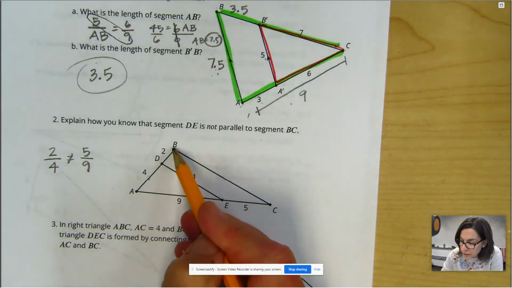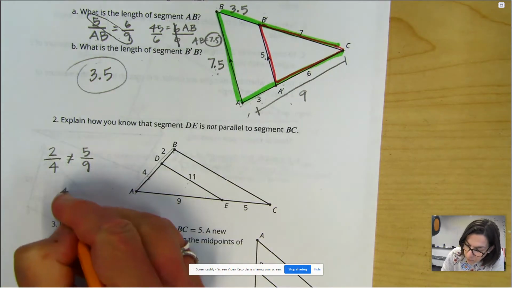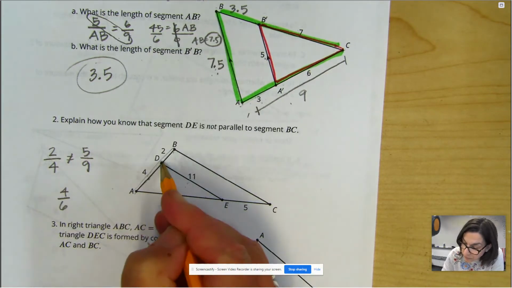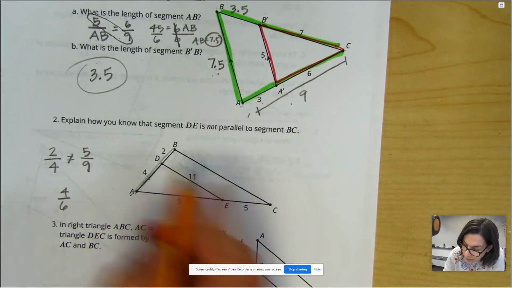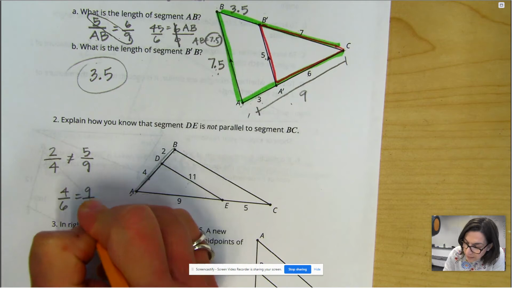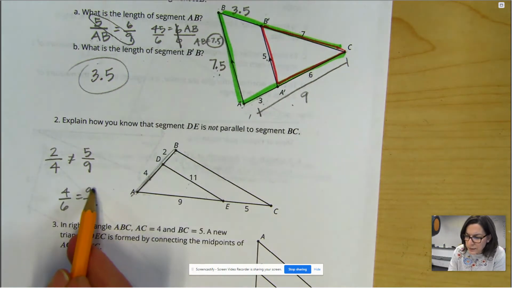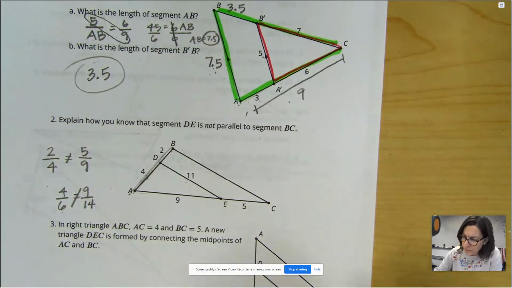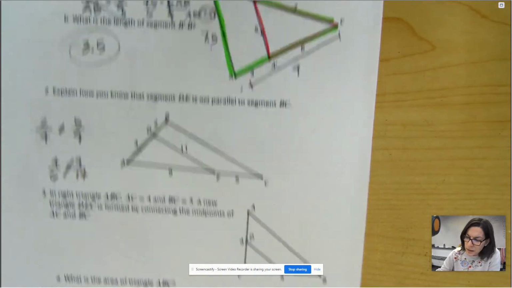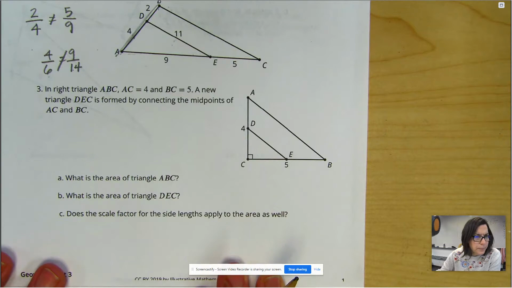I also can see that 4 over 6, if this was parallel, should equal 9 over 14. I could check that by cross products, and I think I'm going to get 56 and 54. Those are not equal either. So not parallel.